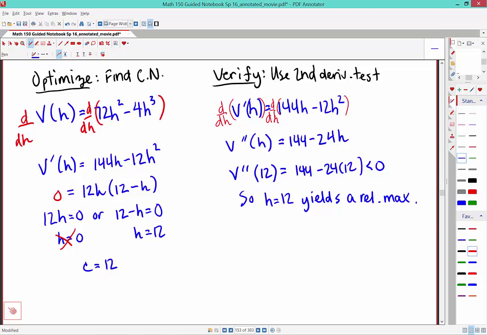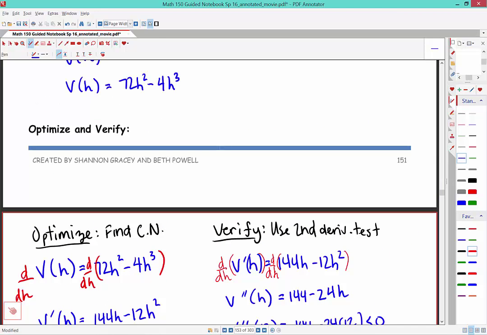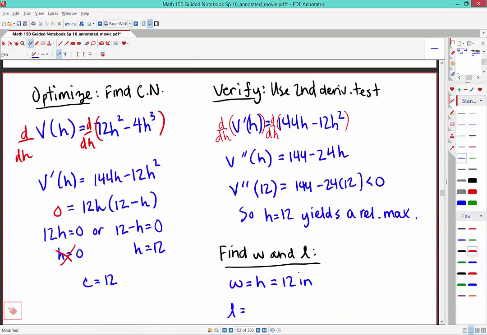All right, so now remember that to find other values, we need to find W and L. So W equals H, which was 12 inches, and the length was equal to 72 minus 4H.